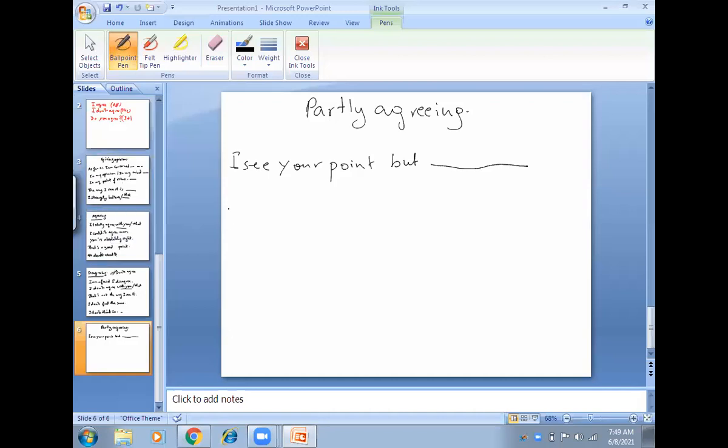Ma'am, what does partly agreement mean? Partly agree means you don't fully agree with the person. For example, you can say, I see your point: you understand the point of the person, but you have another opinion. You see different things, you can add more things that the person didn't see.